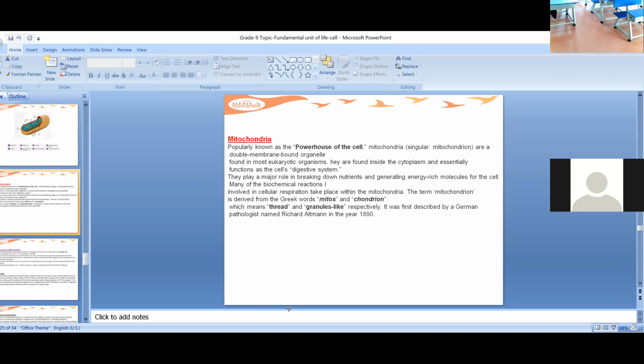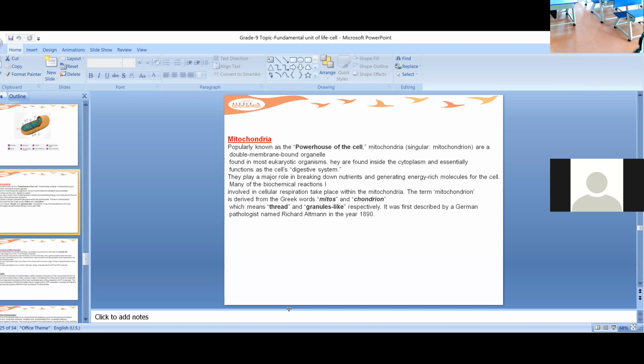If glucose is absorbed by the cell, it is broken down, because we cannot directly utilize sugars. So it needs to be broken down into an absorbable form.